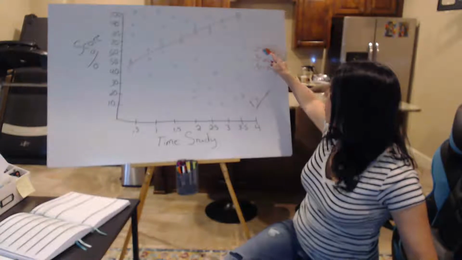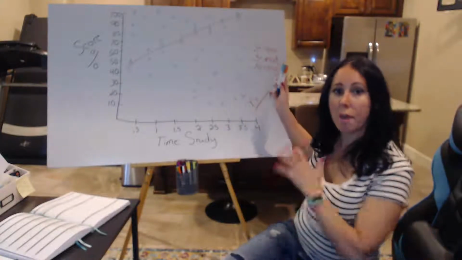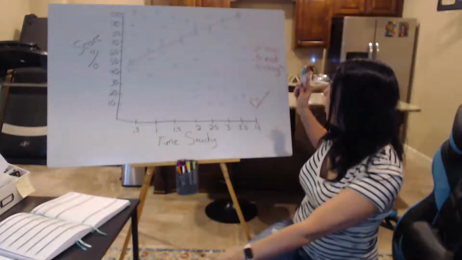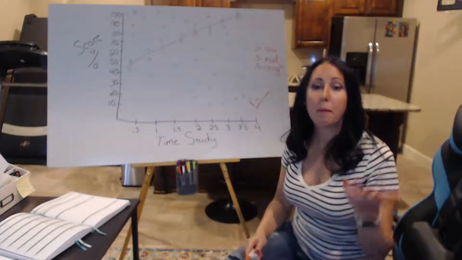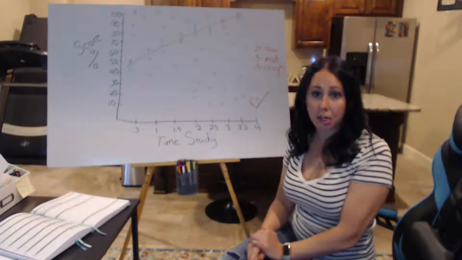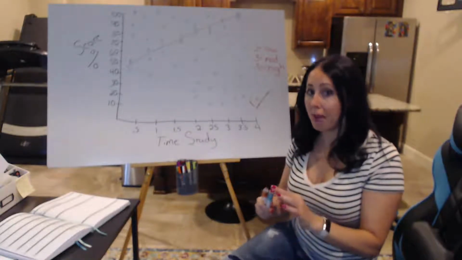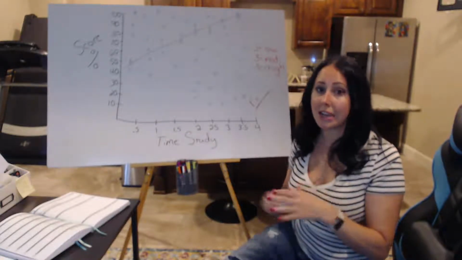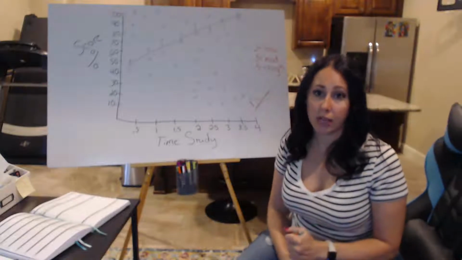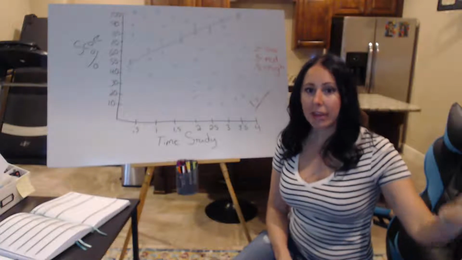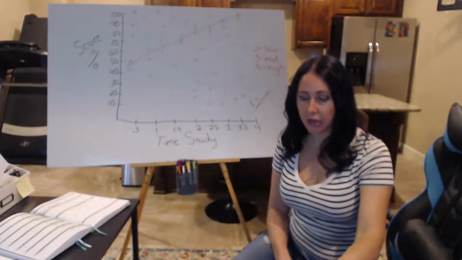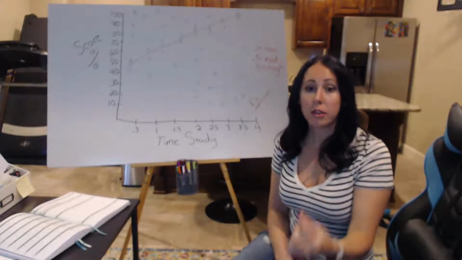So if I have 0.1 to about 0.3, that'd be considered low. 0.3 to 0.5 is considered moderate. And 0.5 and higher is considered high. But remember, the positive or negative does not matter as I'm evaluating this. A correlation of negative 0.6 is stronger than a correlation of 0.2.